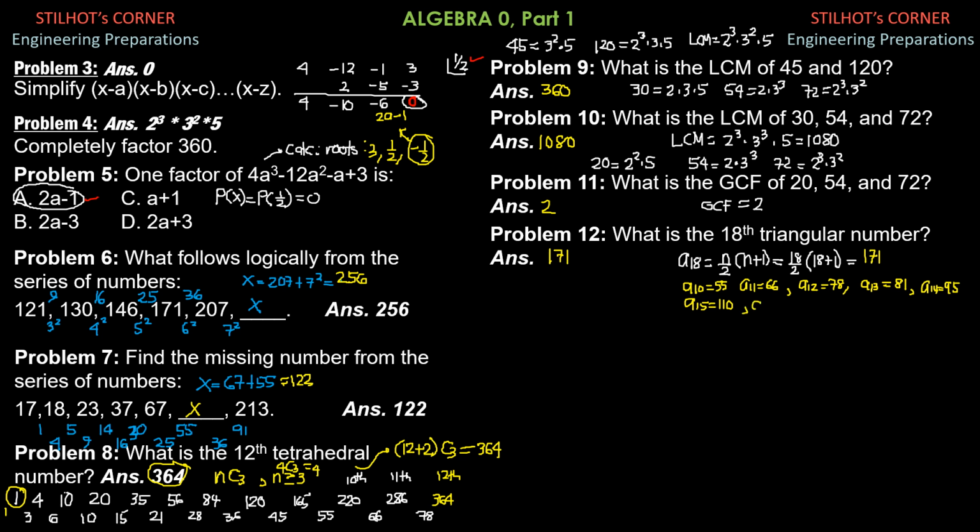Plus 16, 126. Plus 17, 143. Plus 18. That's why A18 is 143 plus 18, which is 161.